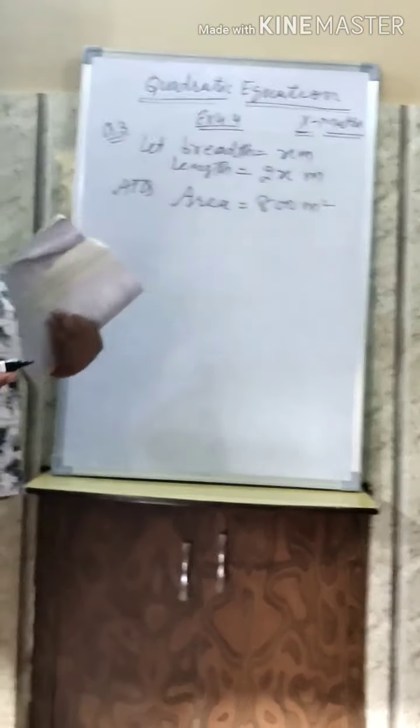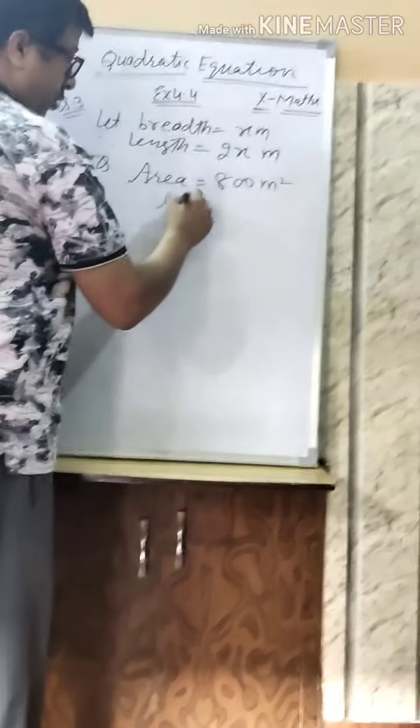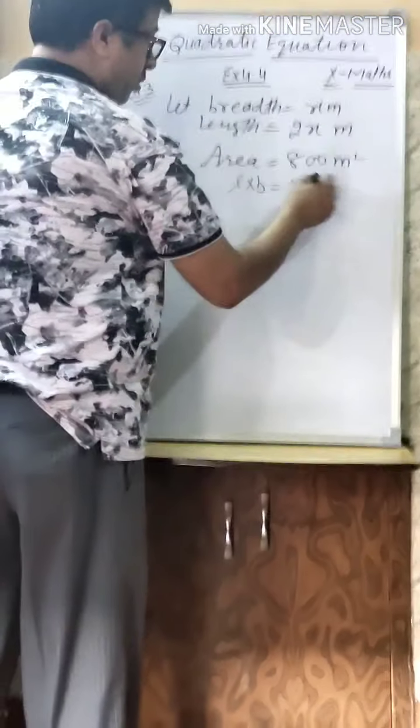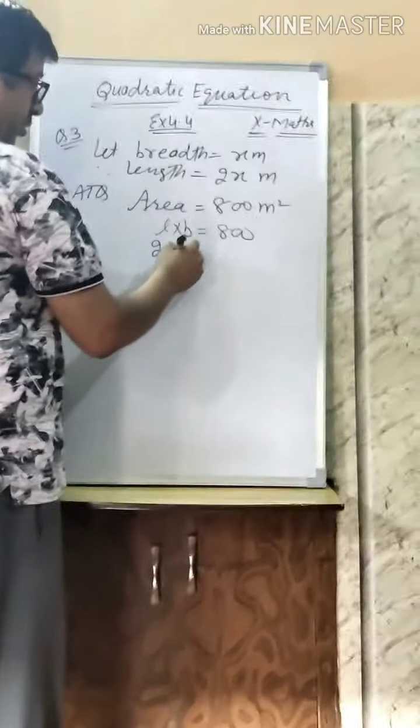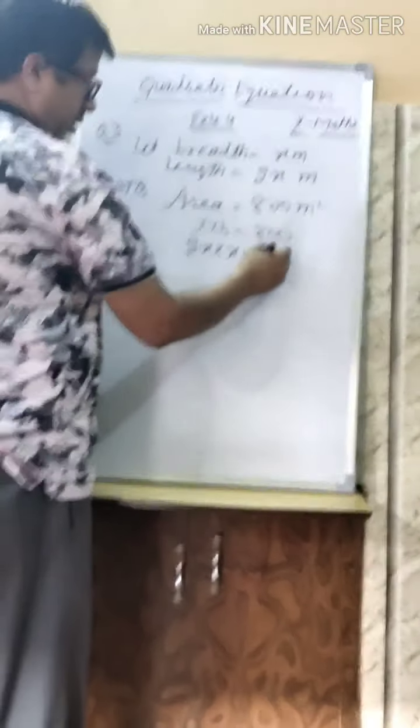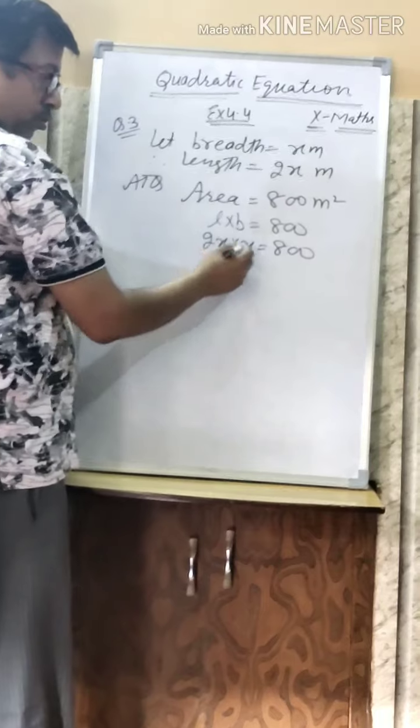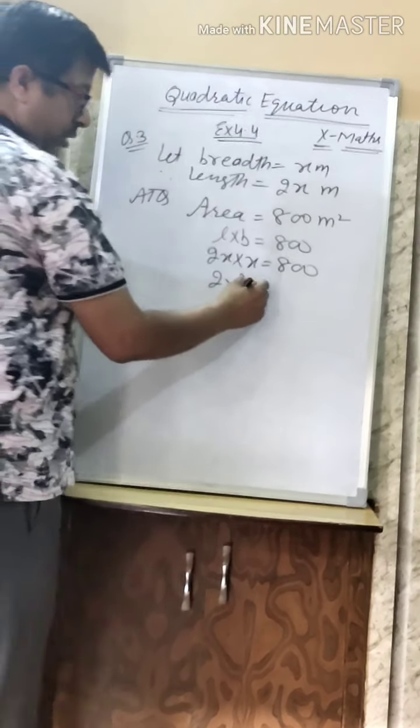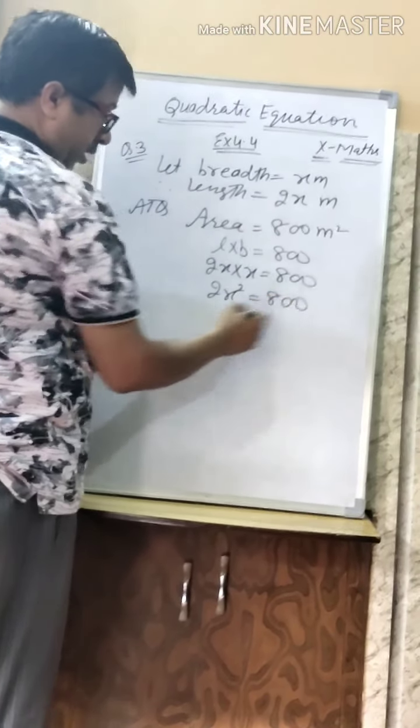So my dear students, when the area of a rectangle is given, it means area is length into breadth. So length is 2x, breadth is x. This is 800. So 2x square is equal to 800.